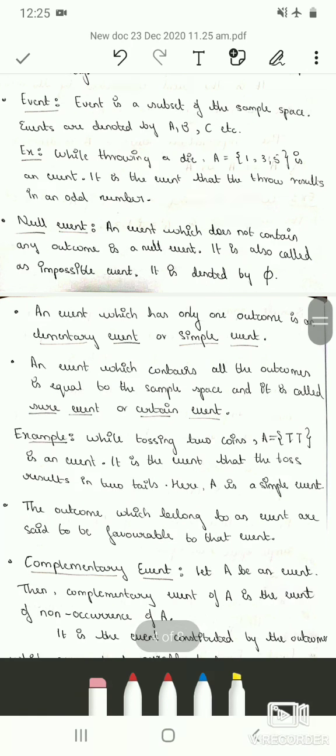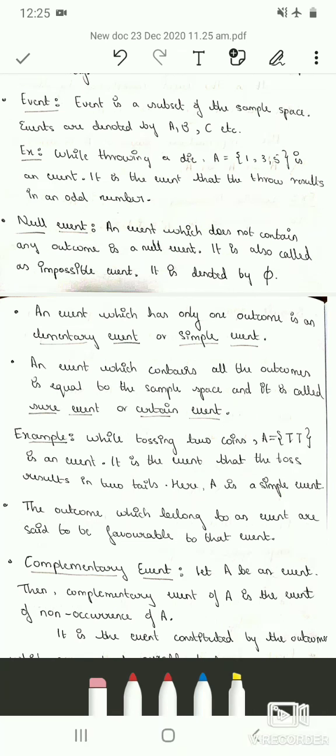So the next definition is null event. An event which does not contain any outcome is a null event. It is also called an impossible event, and it is denoted by φ. And an event which has only one outcome is called an elementary event or simple event.